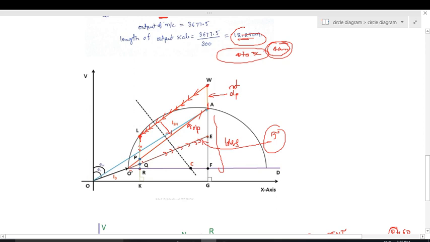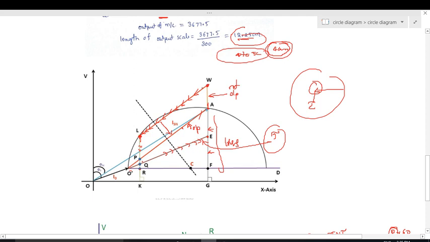This is the line which separates the stator copper losses and the rotor copper losses. When current flows in the rotor, it experiences torque. The more current, the more the torque. That's why this line indicates the torque line, and this line indicates the output line.